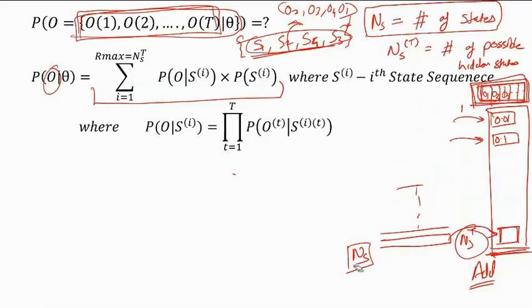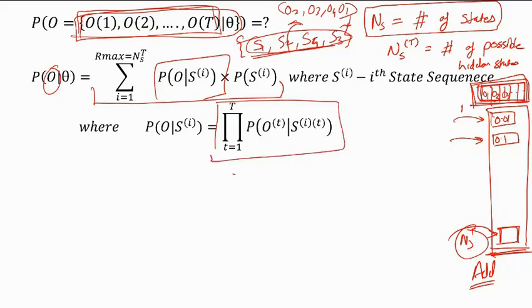And then the next part is how to solve this. The first term is nothing but the product of the probabilities given the state. Suppose sequence number 1 is going, in that I have the first state.